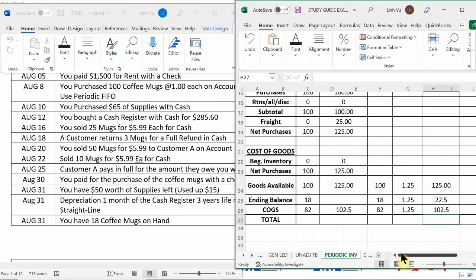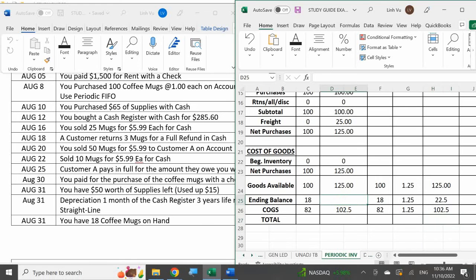So for selling 82 coffee mugs, it cost me $102.50. My ending balance is $22.50. So what do I do with this information? How do I do my conversion entry?